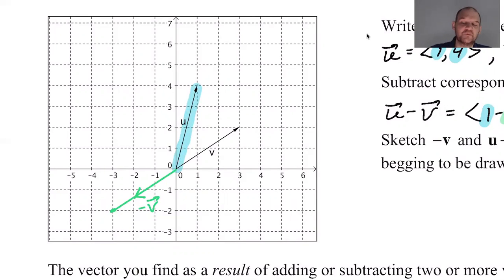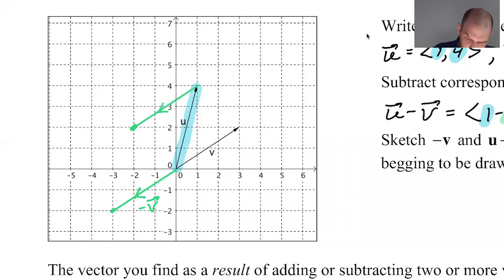Now I give you a slip of paper and say, these are your directions, follow them. The directions say negative v, which is 3 units to the left and 2 units down. So 3 units to the left, 1, 2, 3, and then 2 down takes me to this point. So we will go here.